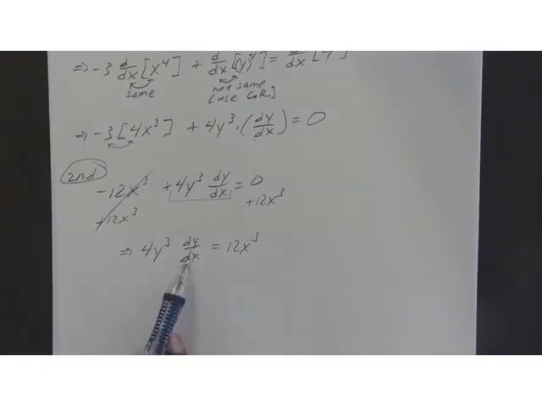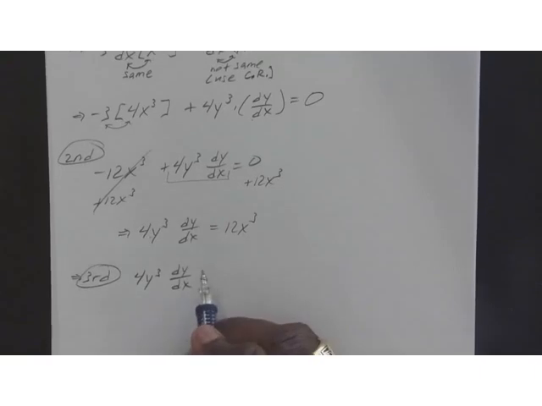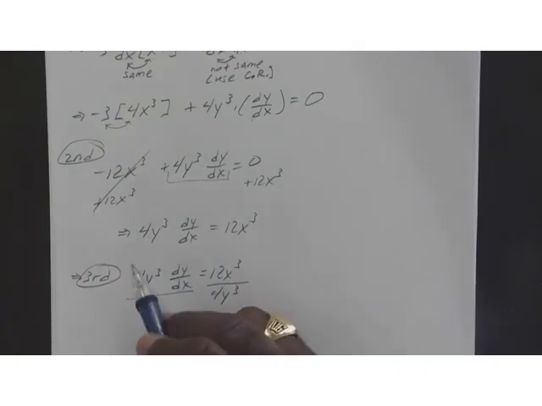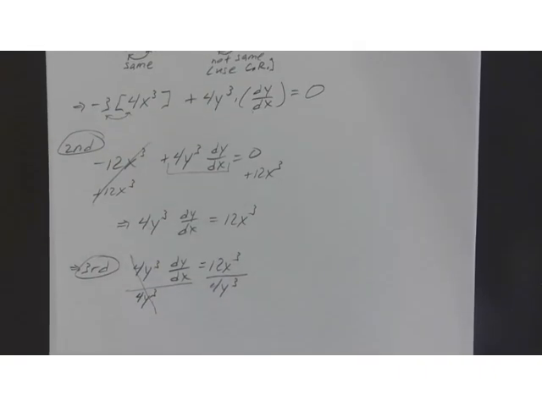Which brings us to our third step where we divide and solve for dy/dx. That 4y to the third power times dy/dx equals 12x to the third power. We're just going to divide both sides by 4y to the third power. And we know that anything divided by itself is just 1, so those two cancel each other out.